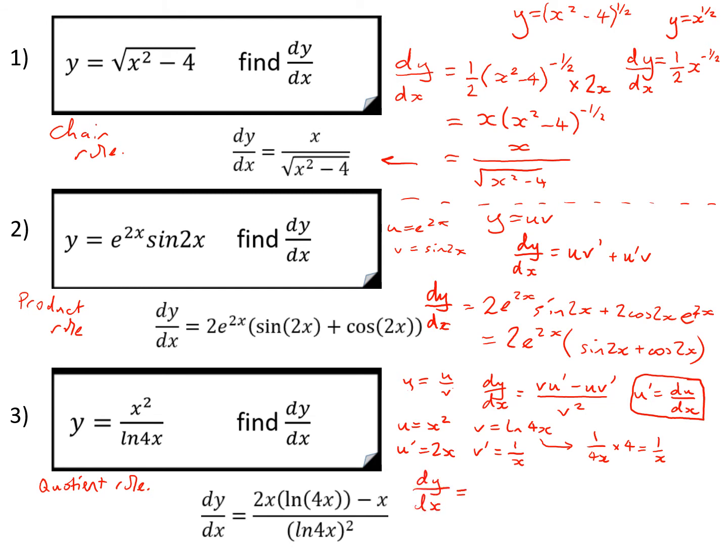So v u dashed, 2x natural log of 4x, minus u v dashed, so u is x squared, v dashed is 1 over x, multiply those together, you get x, then that's all over v squared, so natural log of 4x all squared. Okay, so there's your answer.